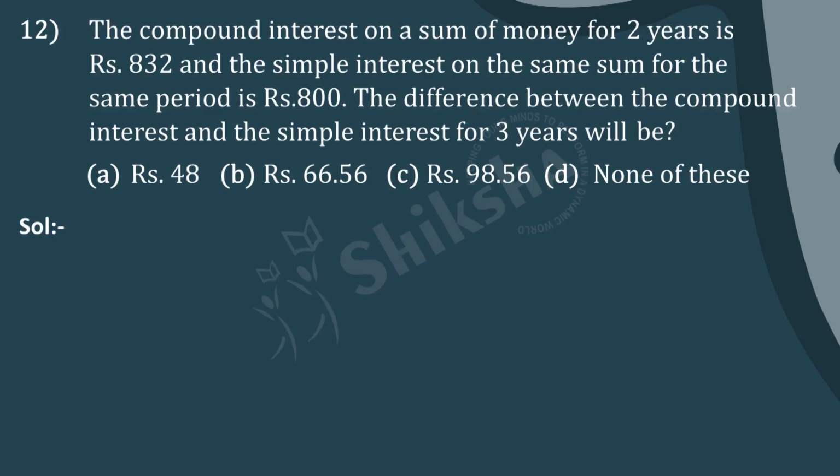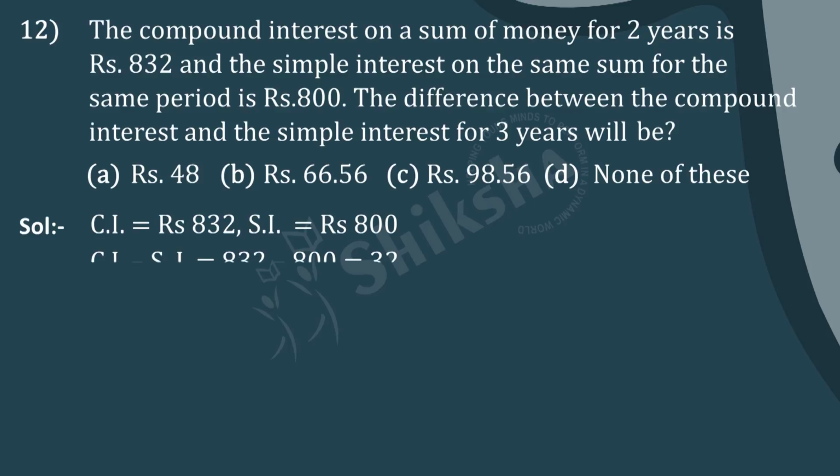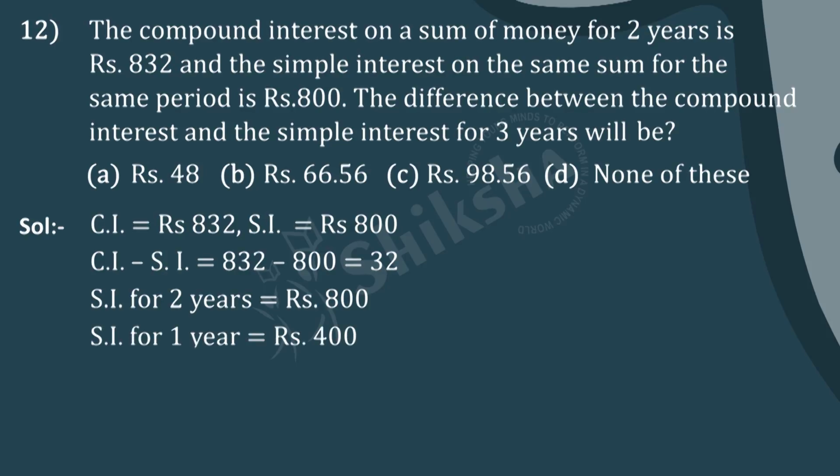In the question, compound interest is given as ₹832 and simple interest is given as ₹800. So the difference in compound interest and simple interest equals 832 minus 800, which is 32. Simple interest for 2 years is ₹800, so simple interest for 1 year will be ₹400.